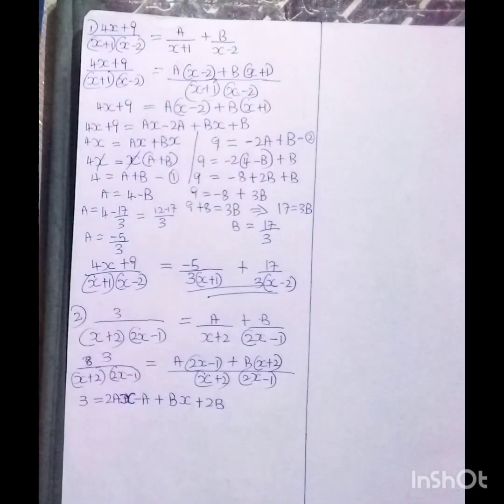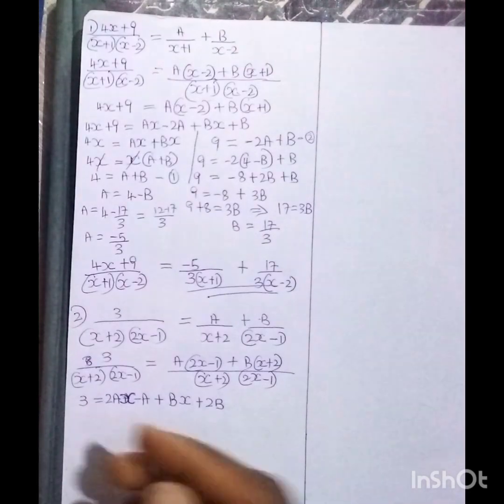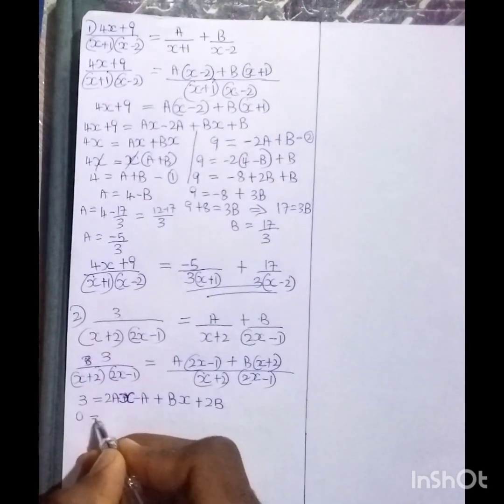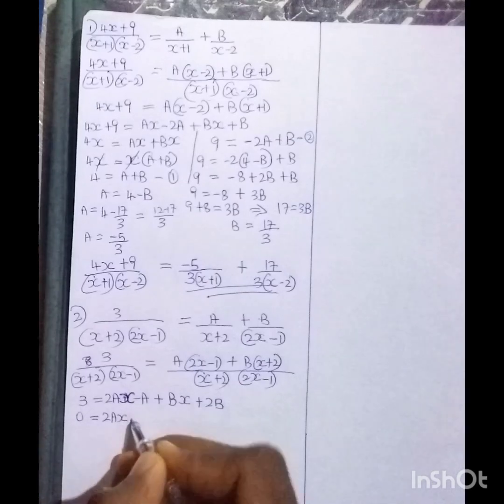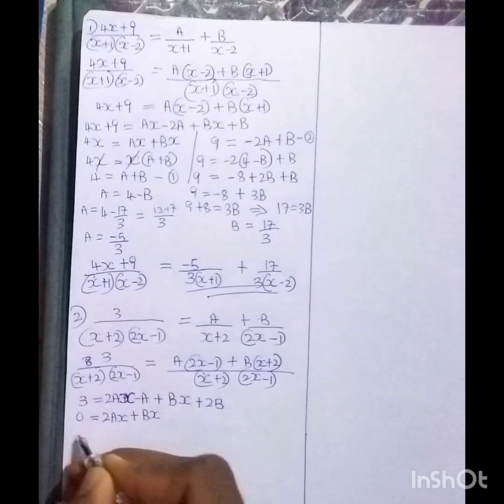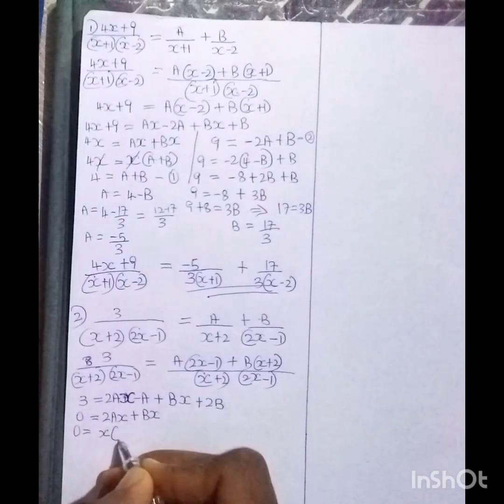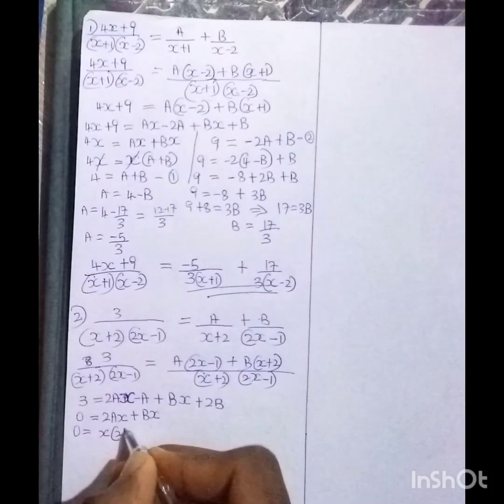But we don't have anything with x in the numerator, so it becomes 0. 0 is equal to 2Ax + Bx, which is equal to x(2A + B), since x is common.